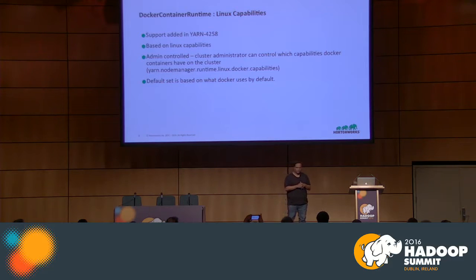Now, there are cases where we have found this useful, not necessarily secure, but useful. For example, CAP_SETUID lets you run setuid binaries within the container. So if you want to run an SSH daemon in there, you can have a wrapper that lets you launch SSH in there. Those kinds of things are possible by controlling capabilities.